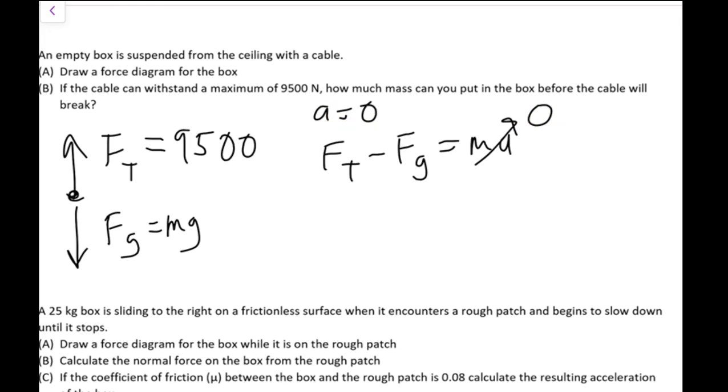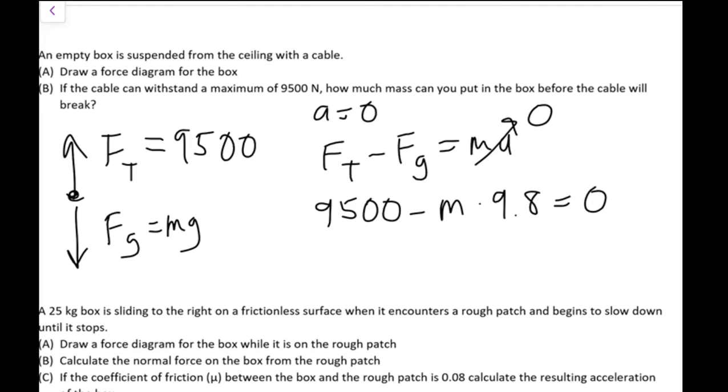Okay, so now I can plug in 9,500 for my max tension, and I want to solve for how much mass I can put in this. So 9,500 minus m times 9.8 equals 0, and I'm just going to solve for m.